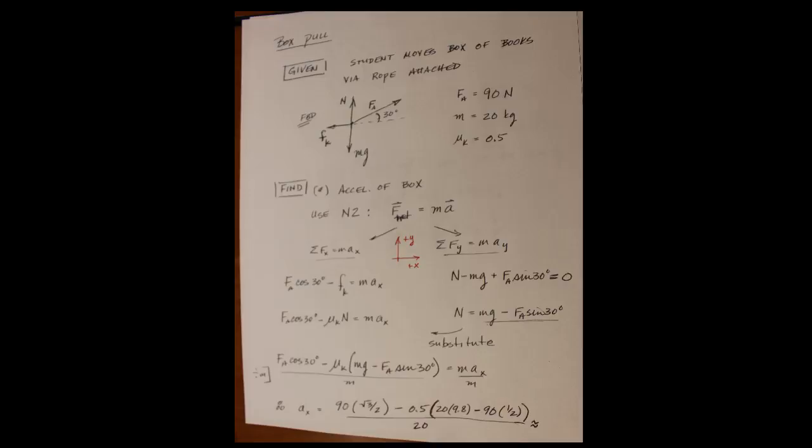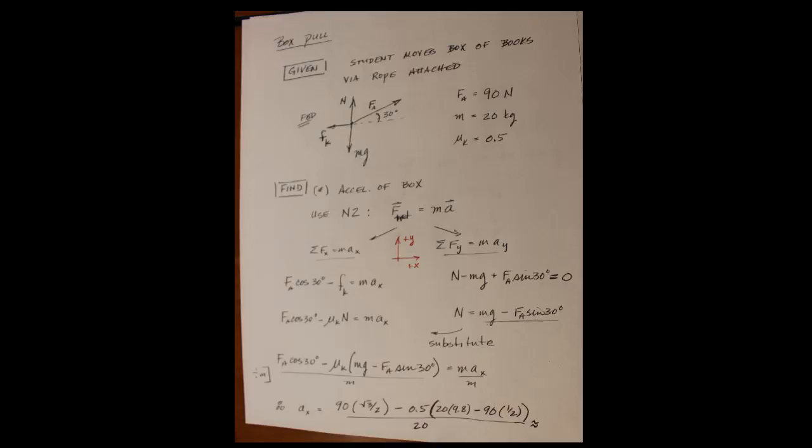The sum of the forces in the x direction is the mass times acceleration in the x direction, and you can see what I've got written here. So the applied force times the cosine of 30 degrees, that's the component in the positive x direction, minus the kinetic frictional force is the mass times acceleration in the x direction.